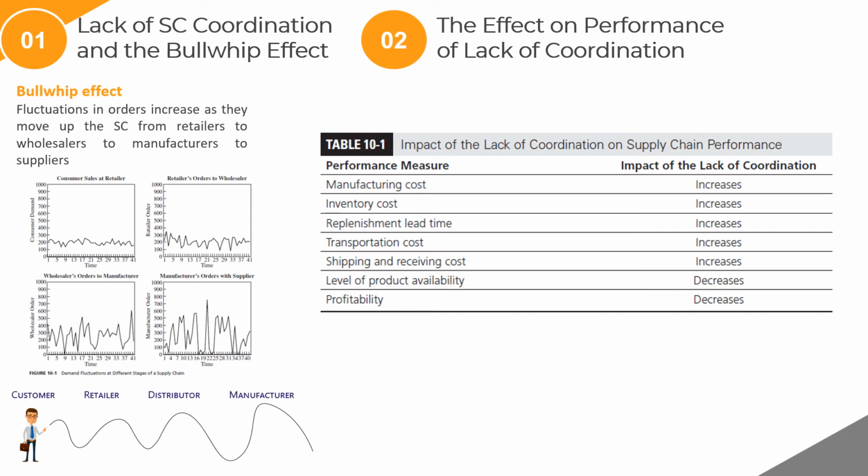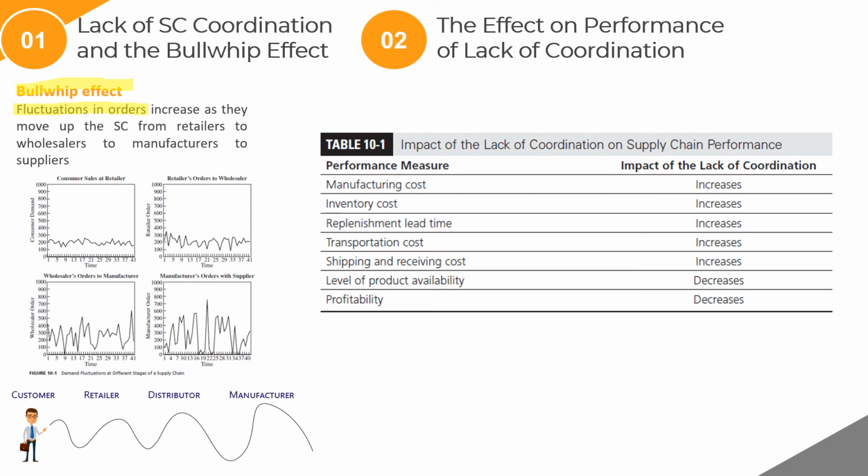Today, most supply chains consist of stages with different owners. So the lack of supply chain coordination may cause what's called the bullwhip effect. That is, the fluctuations in orders increase as they move up the supply chain from retailers to wholesalers to manufacturers and to suppliers.